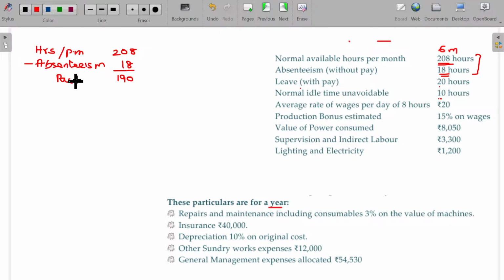Minus leave. How many hours lost due to the leave? 20 hours. Apart from that, normal idle time is also there, being 10.